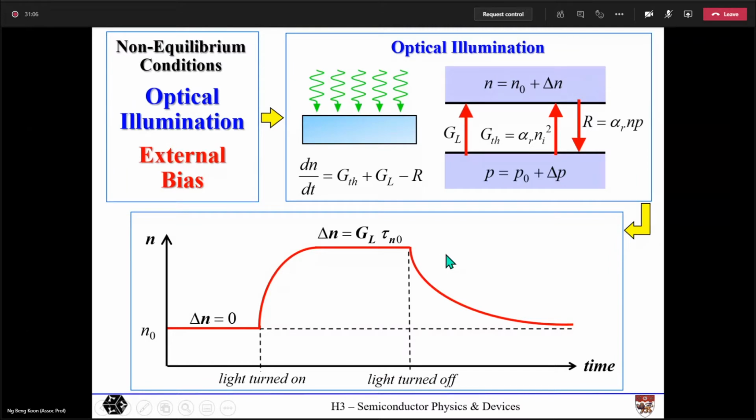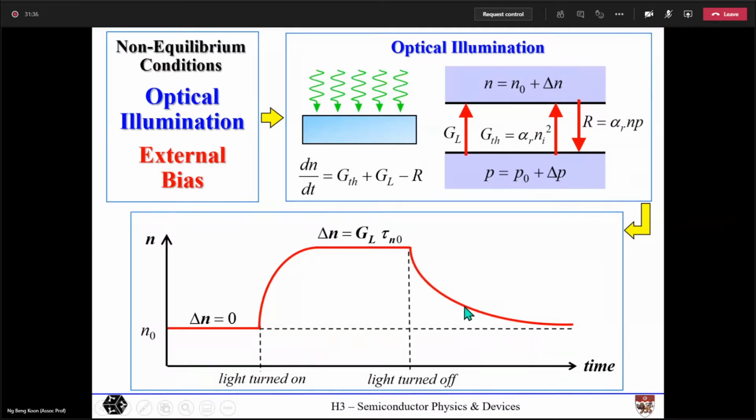Today we're going to talk about the third scenario, where the semiconductor is illuminated with light and you achieve steady state. What happens when you switch off the light? If you switch off the light, this G_L is now gone, and you have extra carriers which will obviously start to recombine more than the generation, and as a result you find that delta n would decrease.